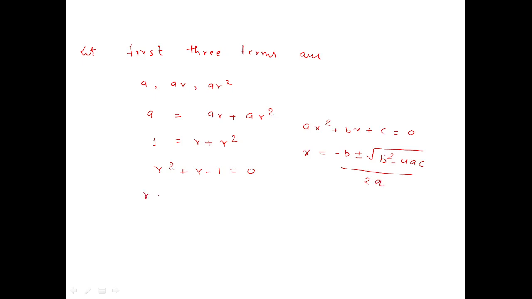So here r is equal to minus 1 plus minus under root 1 plus 4, upon 2. So our r will be (minus 1 plus root 5) upon 2, or it can be (minus 1 minus root 5) upon 2.